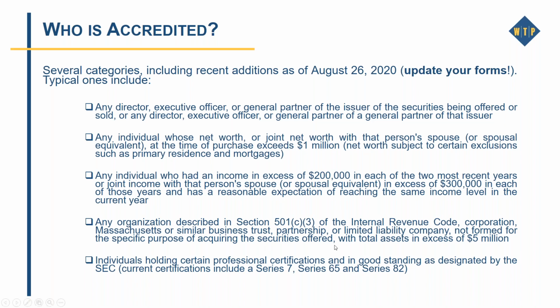We were talking about individuals, you've also got companies and business organizations that can qualify as accredited investors. Typically the rule of thumb is they've got to have total assets in excess of $5 million, and they can't be formed for the specific purpose of investing in the offering. So take, for example, you've got 10 non-accredited people that want to invest, and in the aggregate their total investment is $10 million.